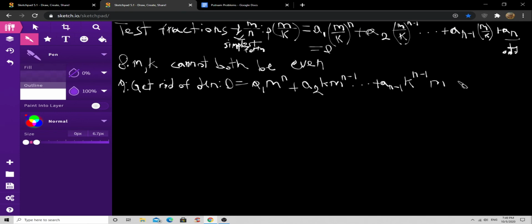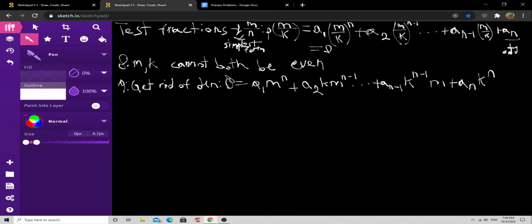Yeah, okay, it's correct. And then plus an, and then just k to the n. So there we go. We've cleared the denominator.